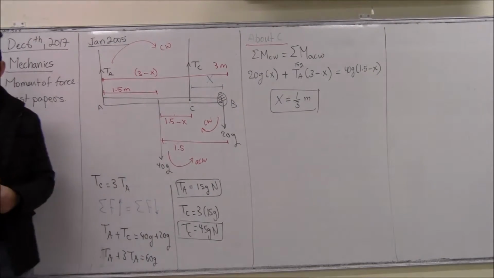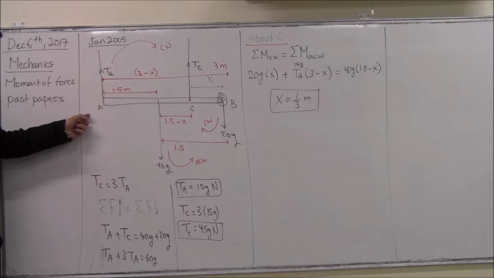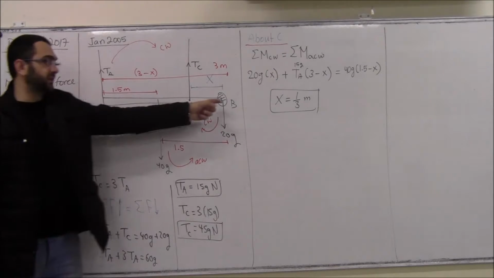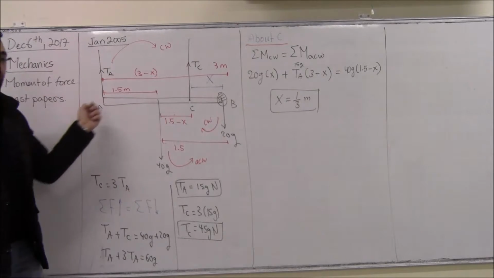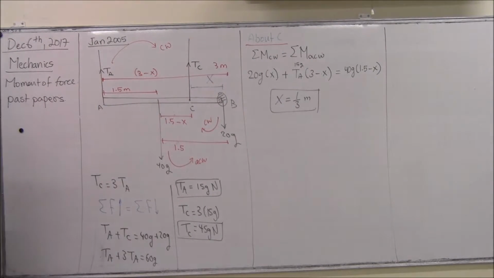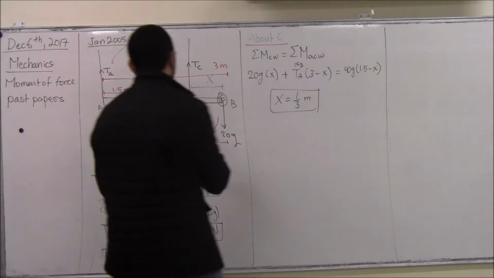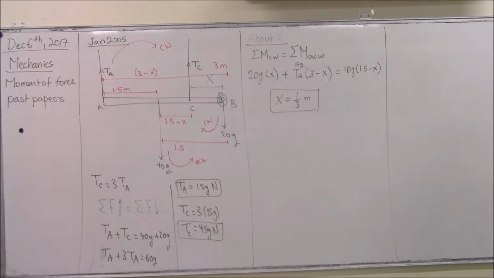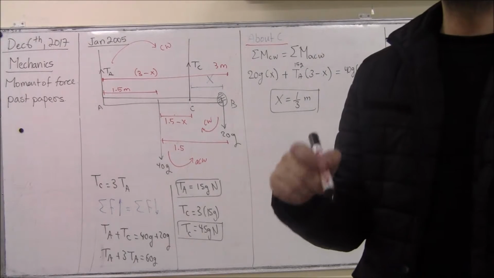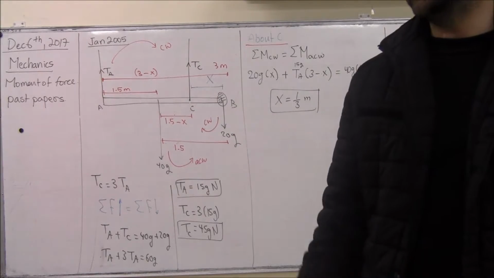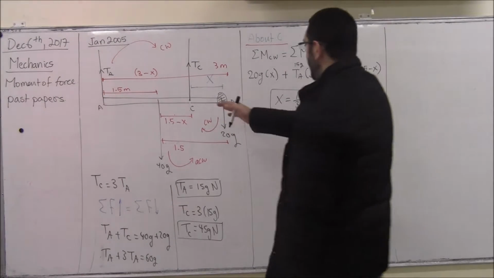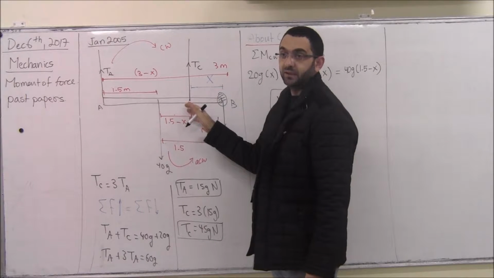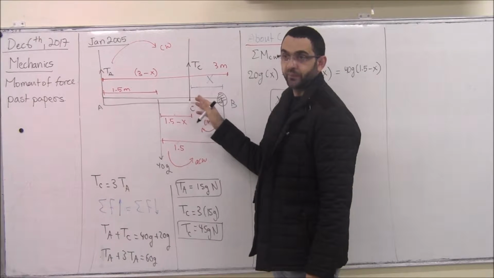Actually, if we took A or B it would be easier, and we would get only one variable. But we have to write the final answer, because the final answer we are asked about is CB. Always remember, when the position is unknown, it is best to take moments about that point. I don't know exactly where C is.